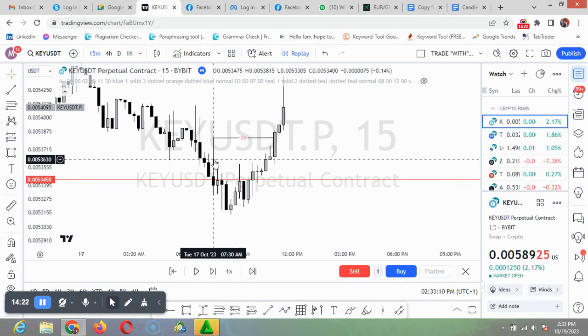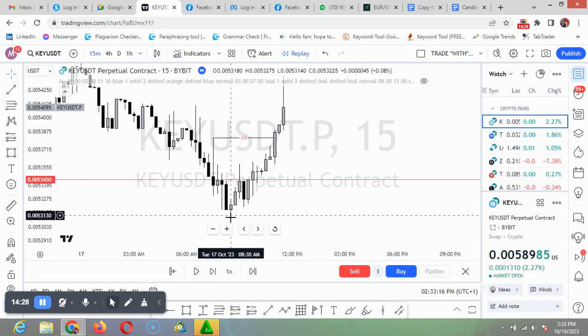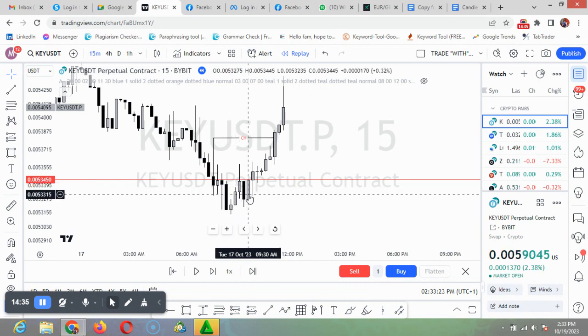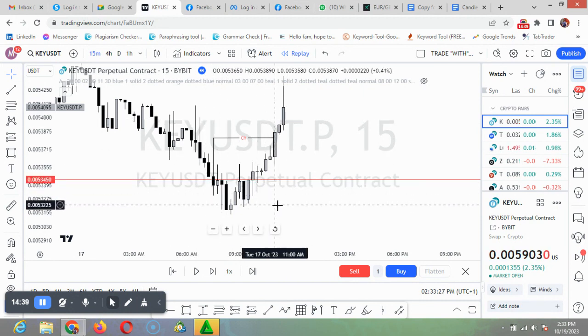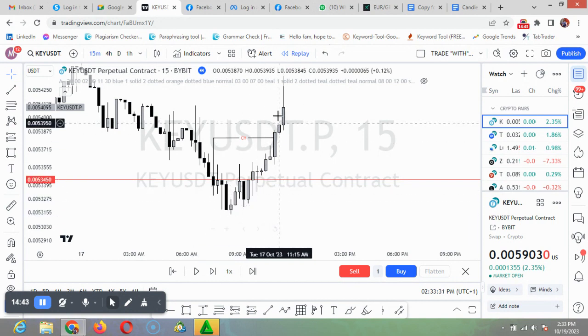We have selling candle 1, 2, 3, 4. After this last candle, we begin to have buying candle 1, 2, 3, 4, 5, 6, and so on. So this is our last selling candle before the buy, and this is the buy that caused the church.